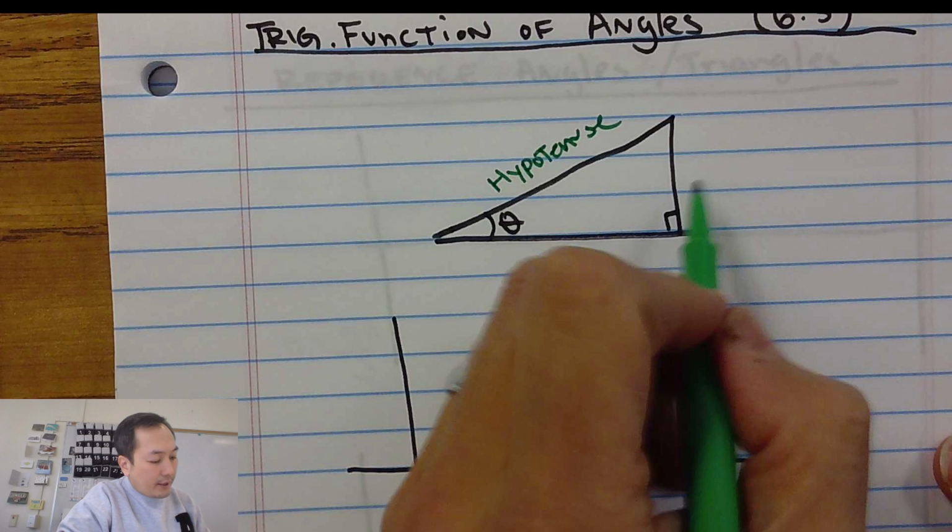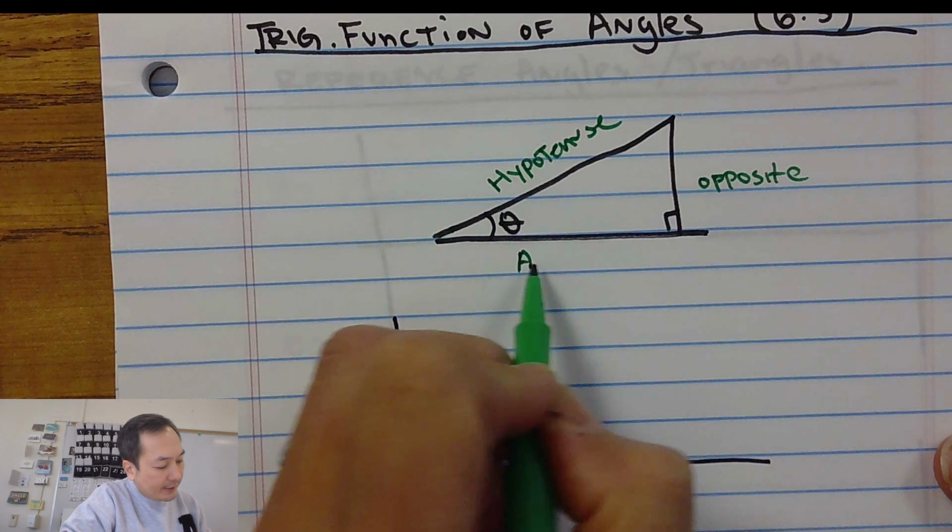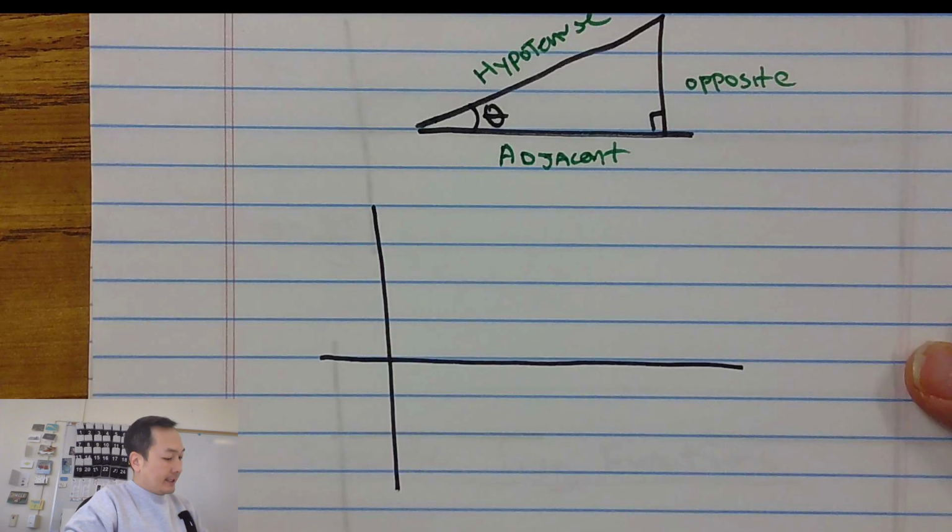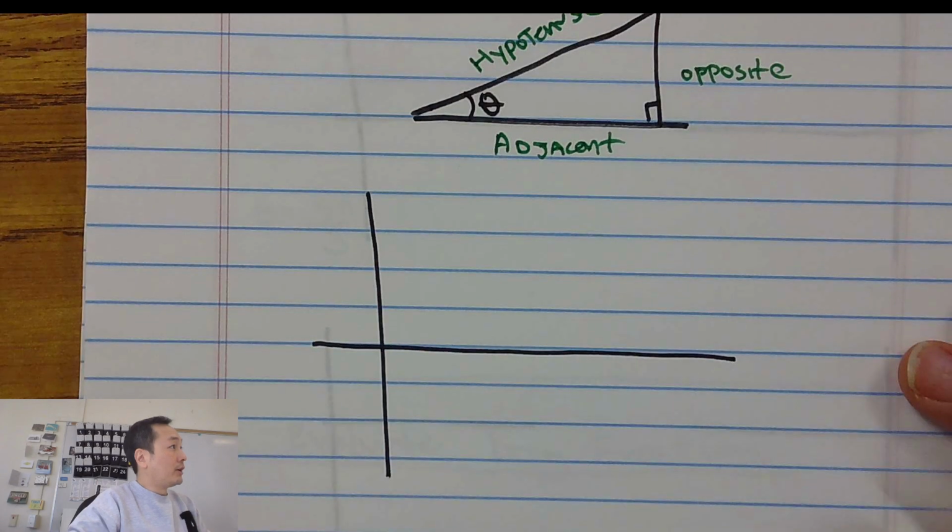And this side here is my adjacent side. Now what I'm gonna do, you guys see I made an XY graph, a coordinate plane. I'm gonna take this triangle, literally take it, and put it on here.